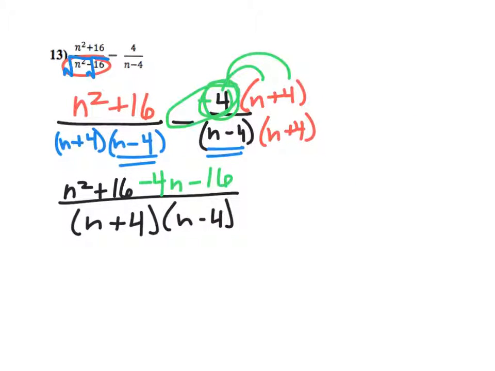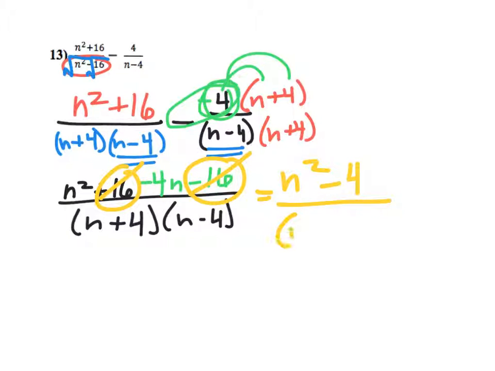If I simplify the top, I notice that we have n squared minus 4n, and then we have a minus 16 and a plus 16. Those two are going to cancel each other out, and this is all divided by n plus 4 times n minus 4. Oh, sorry, this should have an n up here.